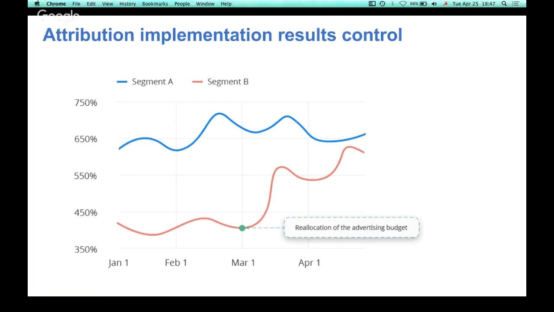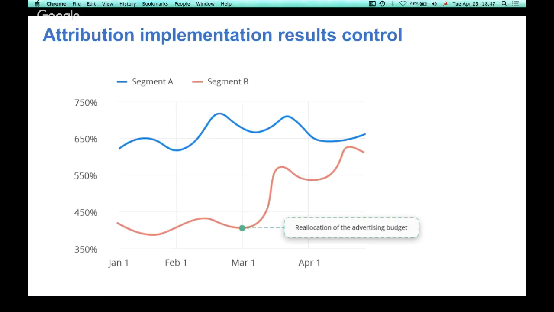So the criteria is that those regions should be approximately the same in the number of sessions and transactions that are generated in each of them. There should be enough transactions, so there should be a statistically significant number to be able to compare and calculate the results in the end.